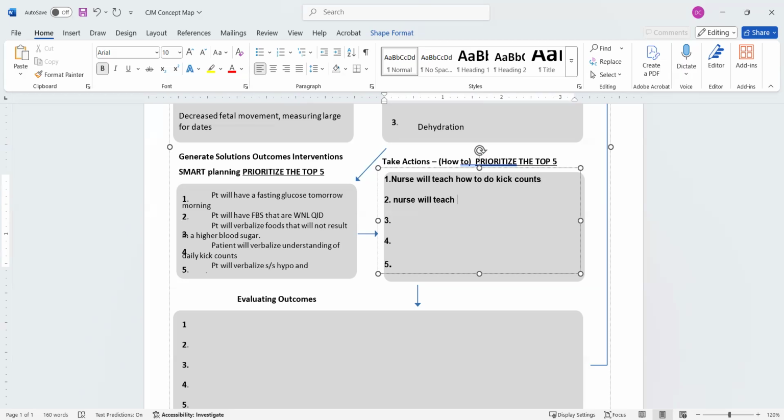And I hope you picked signs and symptoms of hypoglycemia, because if they get hypoglycemic, then they don't have enough sugar in their blood, energy in their blood, and they could pass out and go into a coma and die. So I definitely want to teach about hypoglycemia. And if you're doing that, may as well teach hyperglycemia too. After that, let's see.